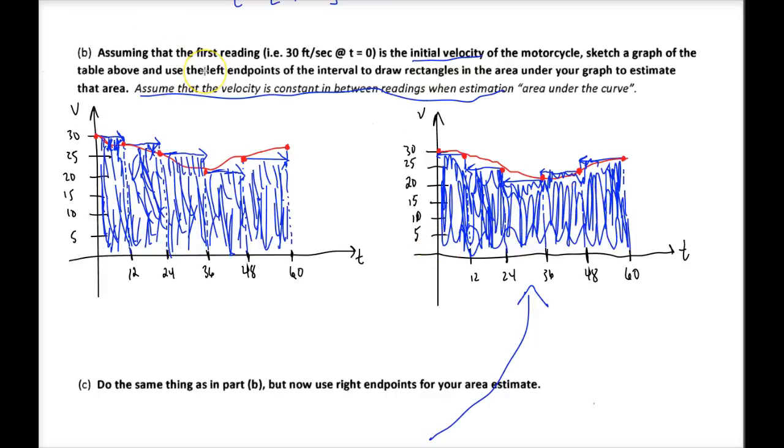So that's why the notation is that way. Whenever you see L sub 5, that means left-hand sum estimate using 5 subintervals, or 5 rectangles. Let's say if we had R sub 4, then that would mean right-hand sum estimate using 4 subintervals, or 4 rectangles. So let's make sure that that's clear.